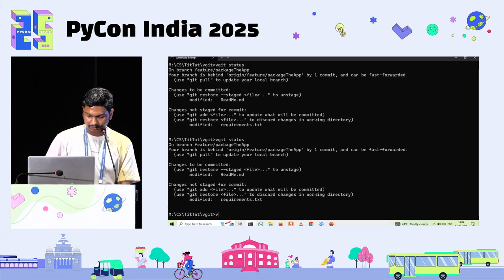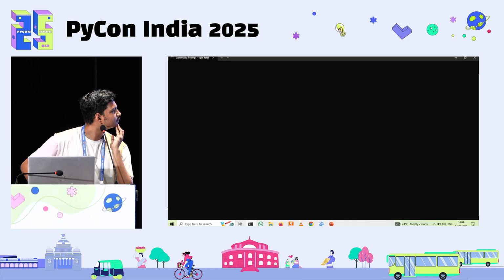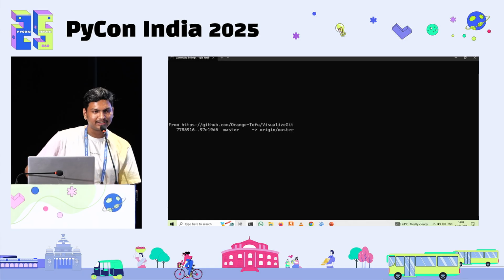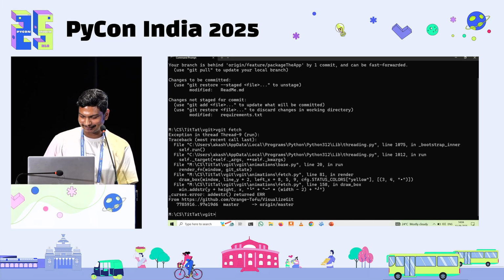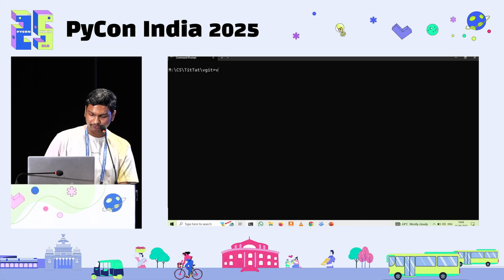Let's say before a git pull, I'll do a git fetch. Okay, something broke, so we'll move on to the other example, skipping this. Apart from that, we have git commits.